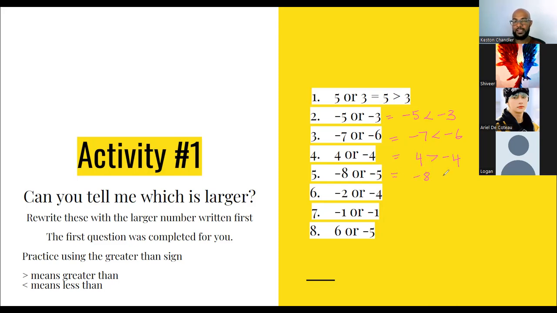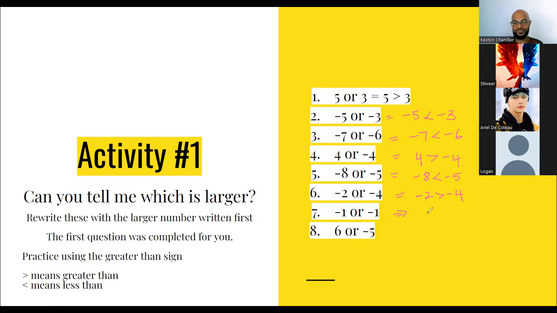-8 is less than or greater than -5? Less than -5. You'll have the hang of it. -2 is less than or greater than -4? Greater than -4. Very good, because it's further to the right. -1 or -1? Equal.